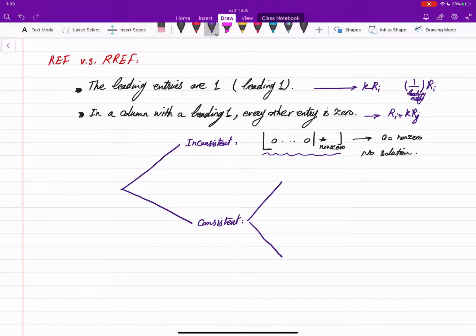One is that every column of the coefficient side, not the constant, not the right-hand side of the separating line, this left-hand side, has a leading 1 of some of these rows. In that case, the system has a unique solution, exactly one solution.